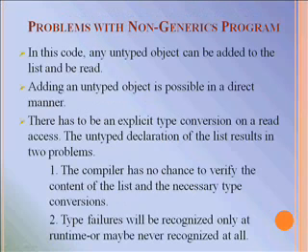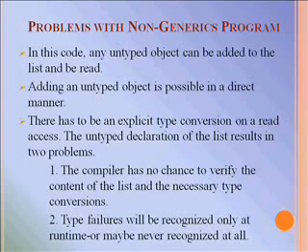So if you have a look at the problem, it's a non-generic program. The previous coding was an example of a non-generic program. In this coding, any untyped object can be added. As it is non-generic, any untyped object can be added to the list.